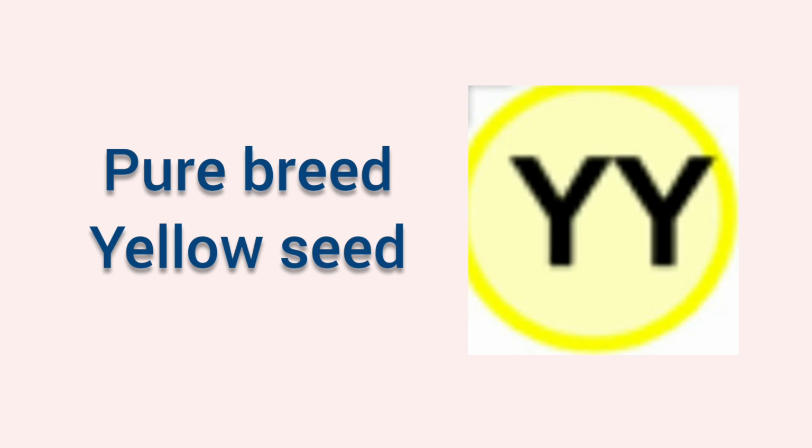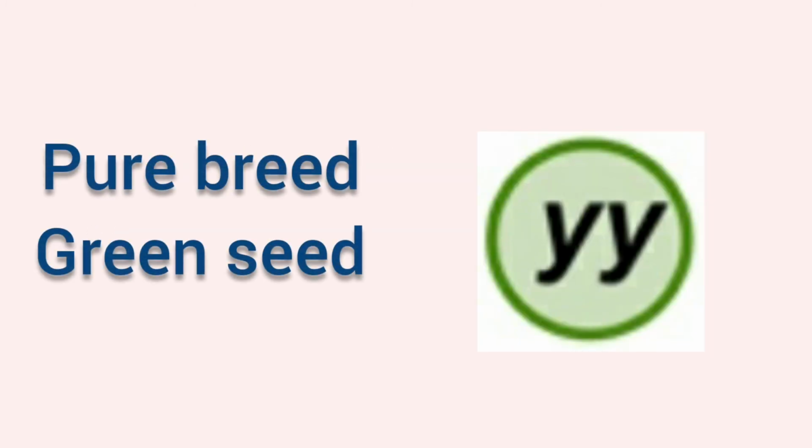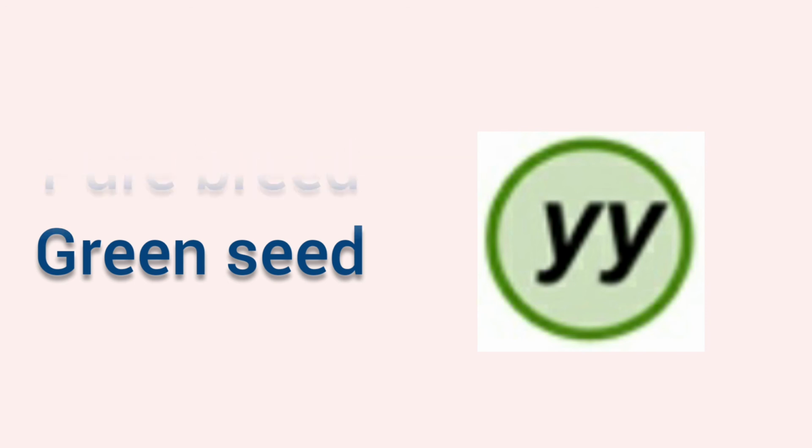A pure breed yellow seed giving pea plant will have factors of the same type denoted by capital Y. A pure breed green seed giving pea will have both factors of the same type denoted by small y.